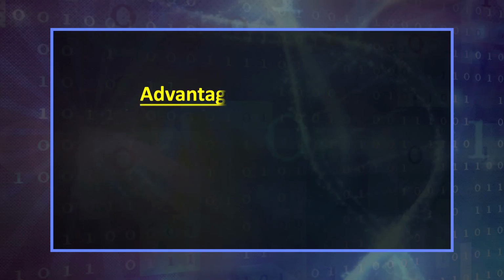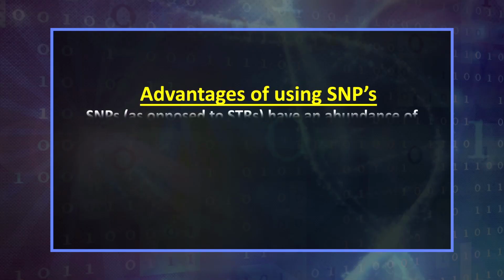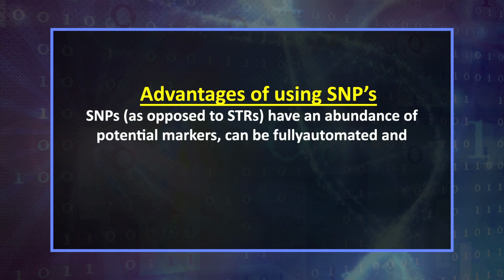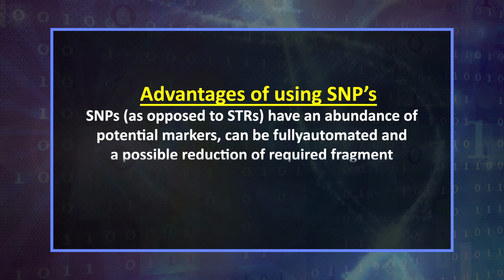However, in instances with degraded or small volume samples, SNP techniques are an excellent alternative to STR methods. SNPs, as opposed to STRs, have an abundance of potential markers, can be fully automated, and allow a possible reduction of required fragment length to less than 100 base pairs.